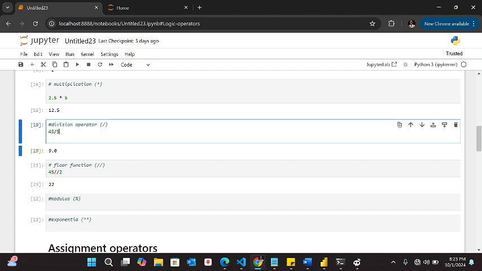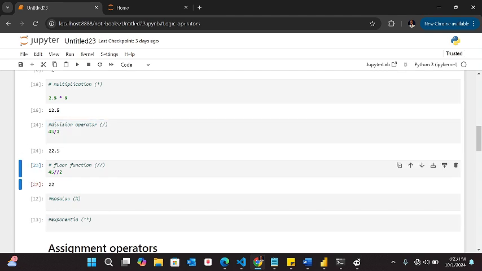But let's go back to our division. When we divide 45 by 2, ideally we are supposed to have 22.5 because of course there is a residual or remainder of the division, but the floor division ignores the remainder and just returns the whole number of the result, right?